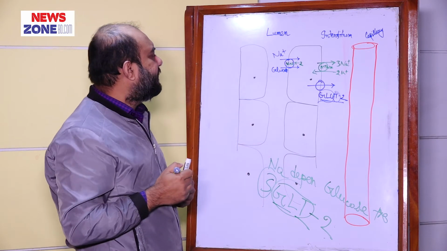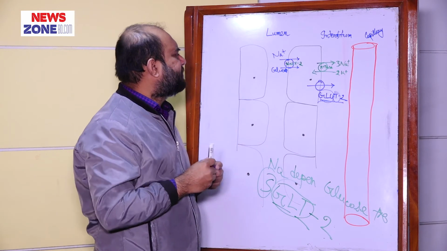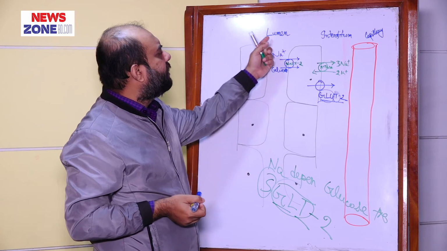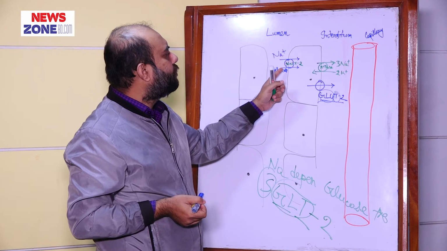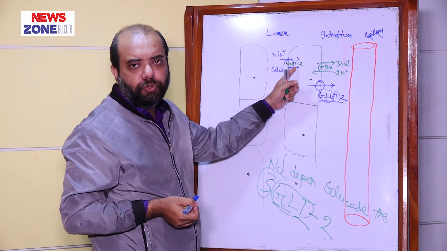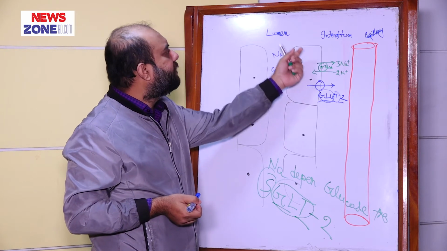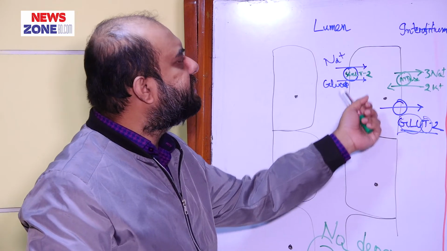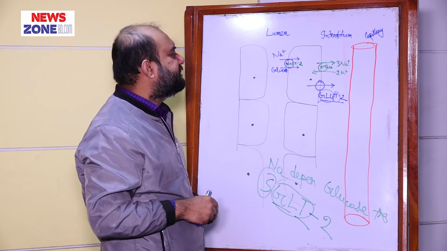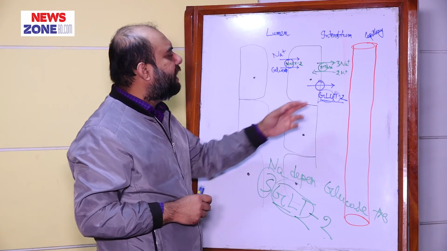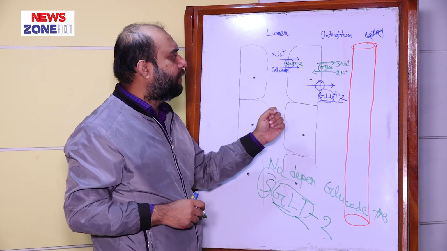So in short, at first glucose is transported from the lumen into the cell by secondary active transport with the help of the SGLT2 carrier protein, and from the tubular epithelial cells into the interstitium by a passive process, facilitated diffusion, with the help of the GLUT2 carrier protein.